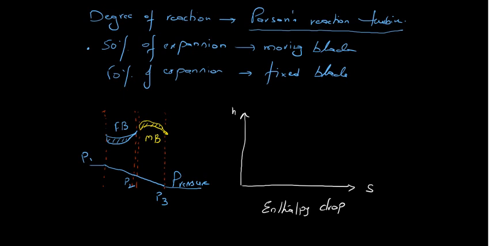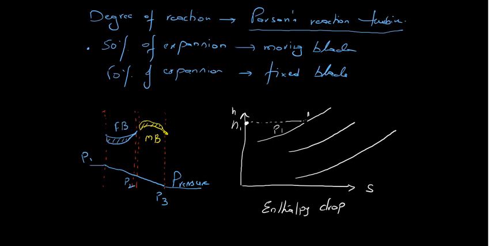Here, this is your P1, this is your P2 and this is your P3, right? Now, draw a tangent onto line P1. This is the point 1. And the concerned point on the y-axis is represented as H1. This is the pressure line P1.